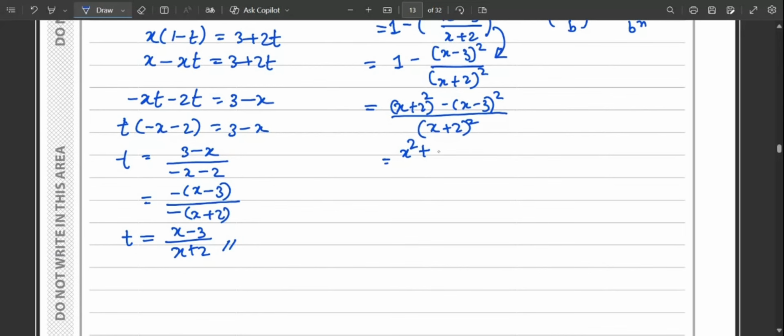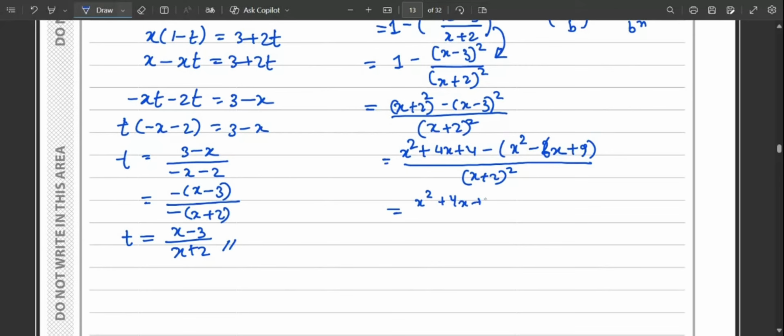So x squared plus 2x plus 4x plus 4 minus x squared minus 6x plus 9, all over (x plus 2) whole squared. Now this will equal x squared plus 4x plus 4 minus x squared plus 6x minus 9.